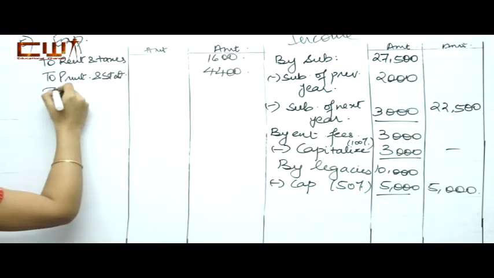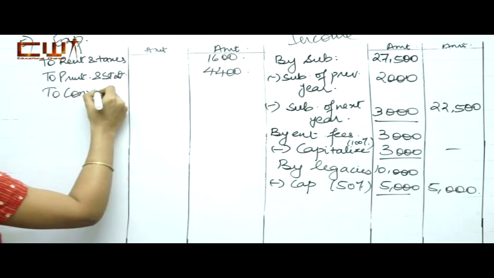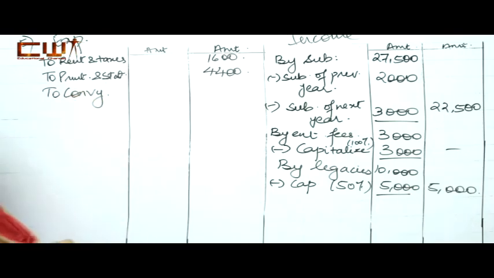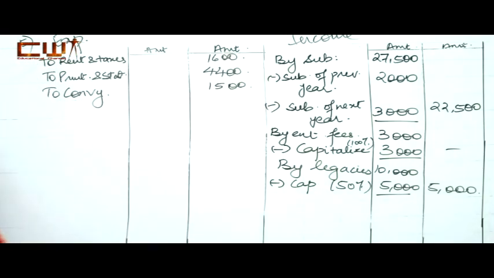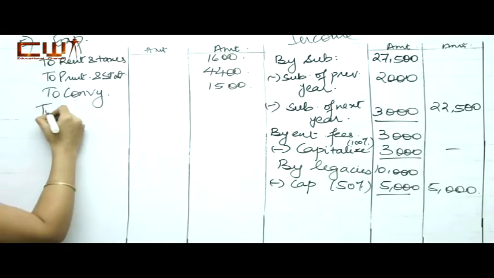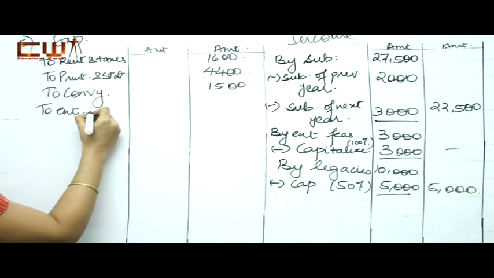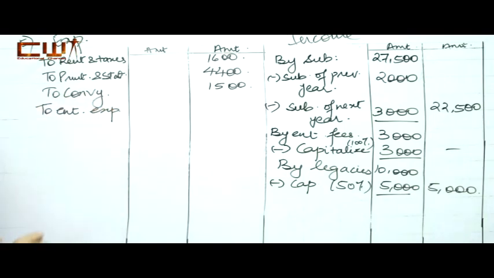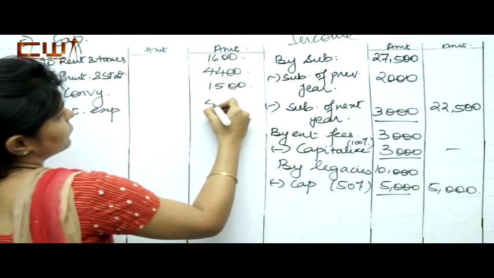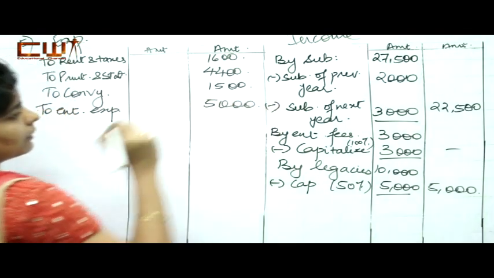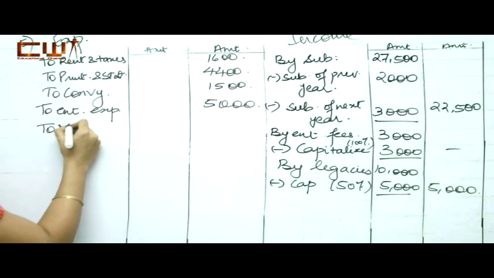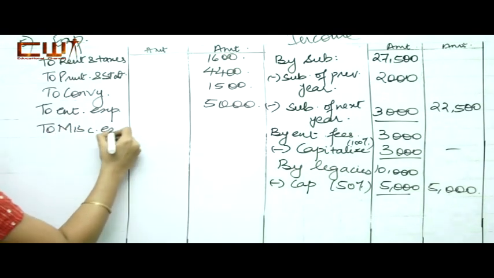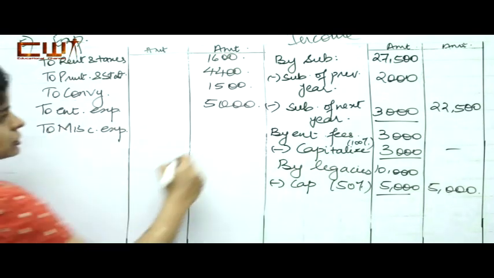Then you have conveyance, how much? 1,500. Right? Then you have the entertainment expenses. How much do you have? 5,000. What next? Miscellaneous expenses. How much? 2,000.